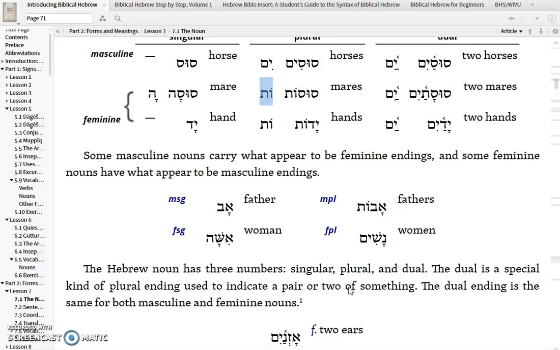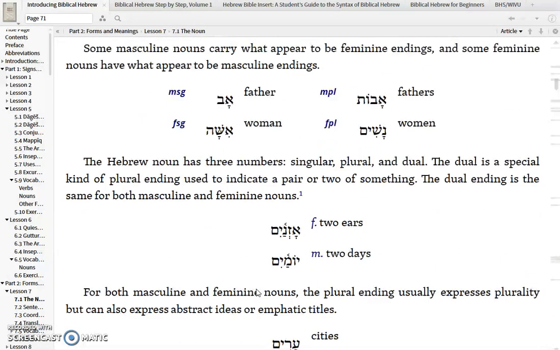And so that's just kind of an irregularity that one has to get used to. Again, a couple of other duals. Ozen is ear, but then you get oznayim, 2 ears. Yom is day, but then you can get yomayim, 2 days.